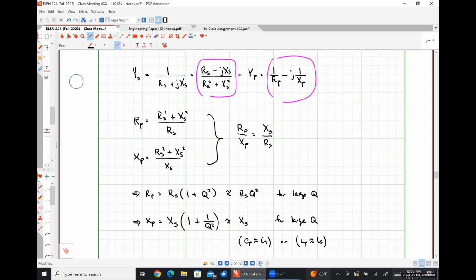And so now we have a transform that allows us to make that series branch look like a parallel branch and combine things, or vice versa.